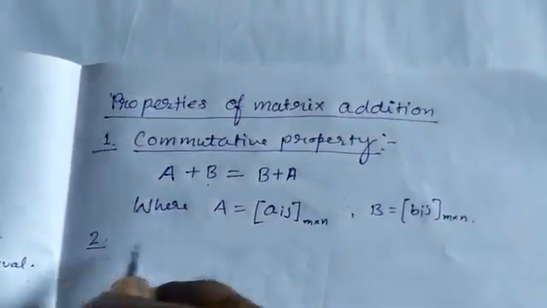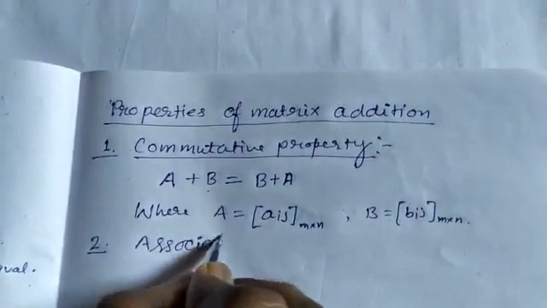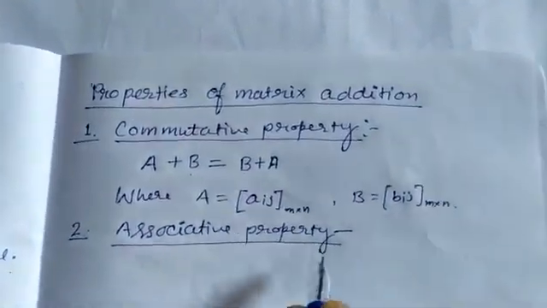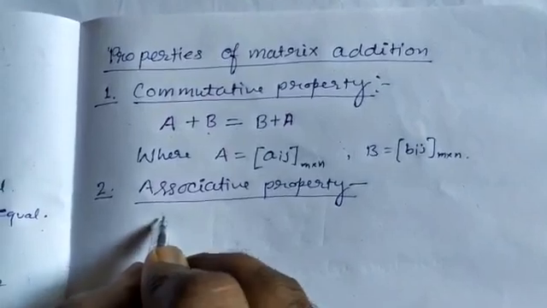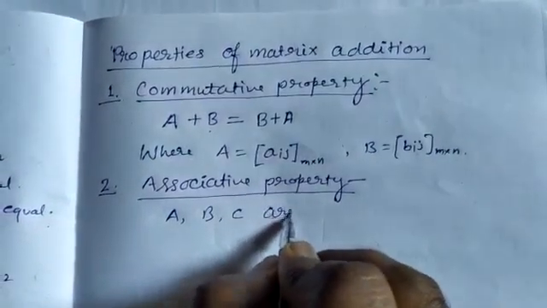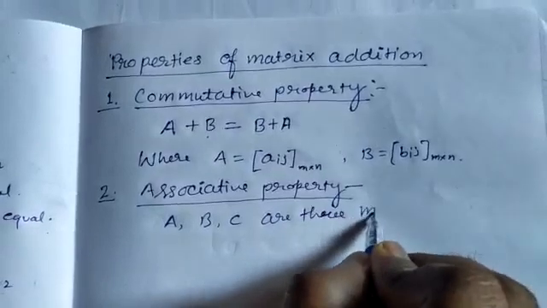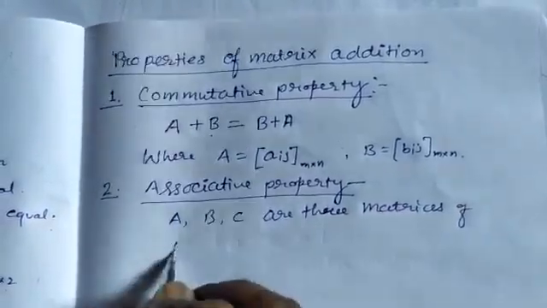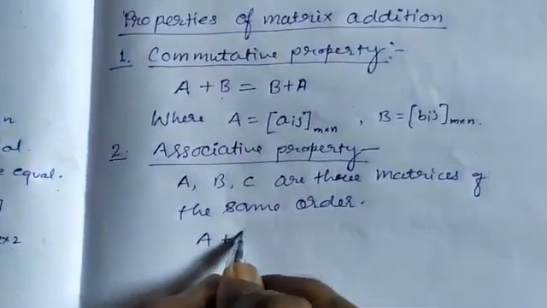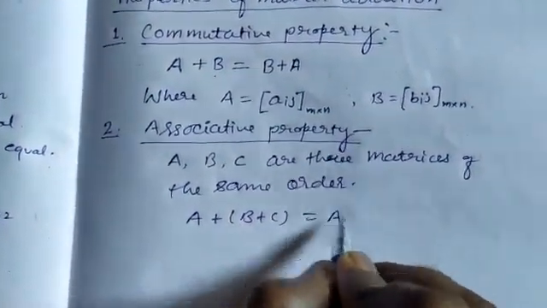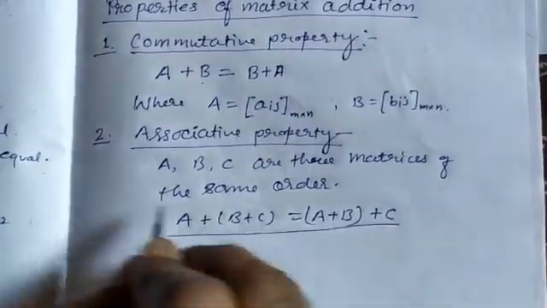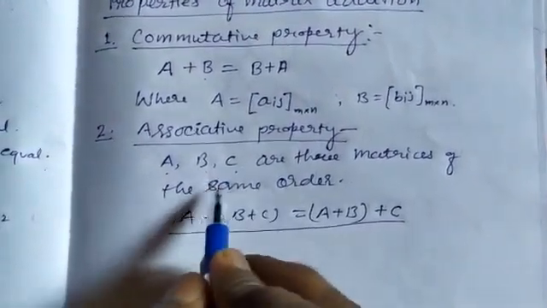And the second property is the associative property. Associative property of addition is, if there are three matrices of the same order like A, B, C, and you add A, B plus C, then you will get the same value as A plus B plus C. This is the associative property, where A, B, C are matrices of the same order.